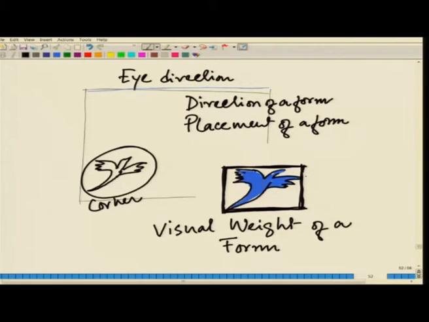This particular form may not be visually very heavy, but the space that it is occupying is also larger as compared to the paper size. We can take example of another form on a space that may have a larger visual weight.